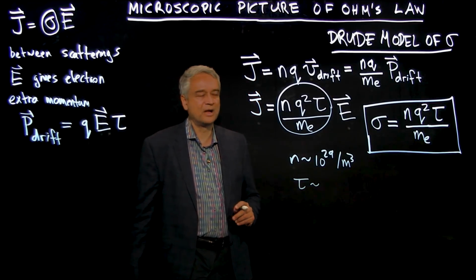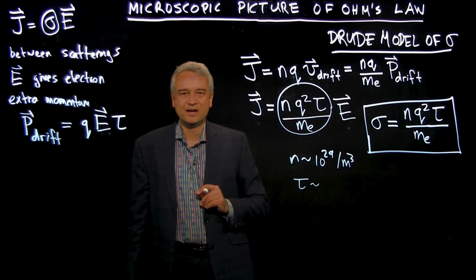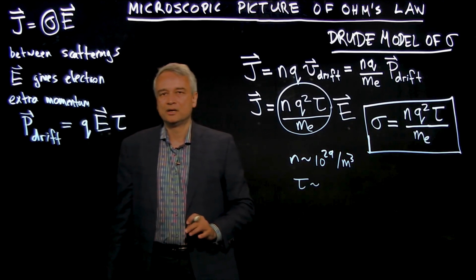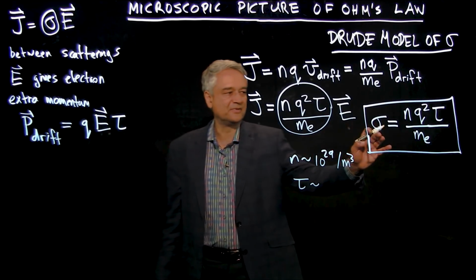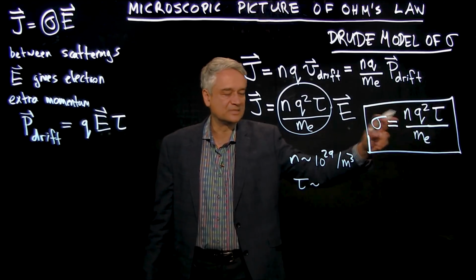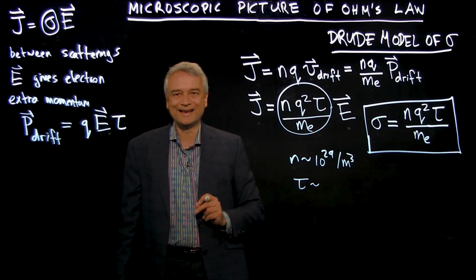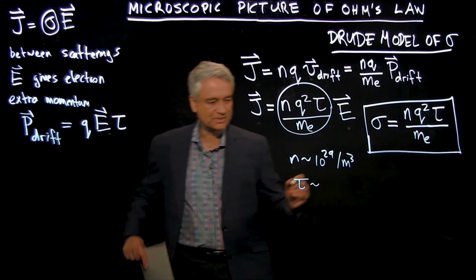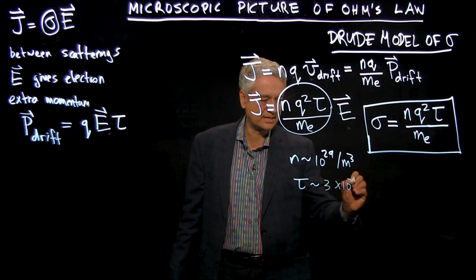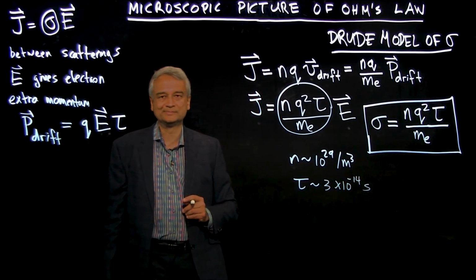Well, from Drude's result here, you can actually get a sense of tau using the measured value of sigma. So you can go look up the conductivity of copper. And using the conductivity of copper and this expression, you can reverse engineer it and pull out an estimate for tau. And when you do that, it turns out that tau is about 3 times 10 to the minus 14 seconds. That's the time between scatterings for electrons in copper.